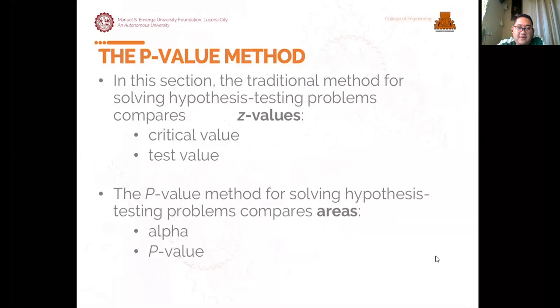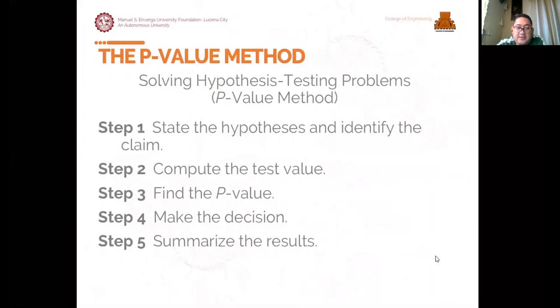Pero pagdating kay p-value, ang kino-compare natin ngayon is the area. So, ibig sabihin yung given na alpha and yung p-value na makukalculate natin. Okay? So, steps in solving, the same lang halos: state yung hypothesis, compute yung test value, find the p-value, make the decision, then summarize the result.